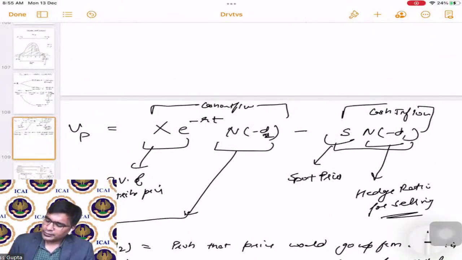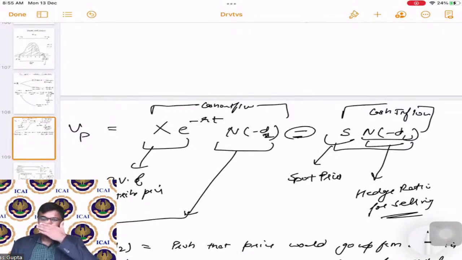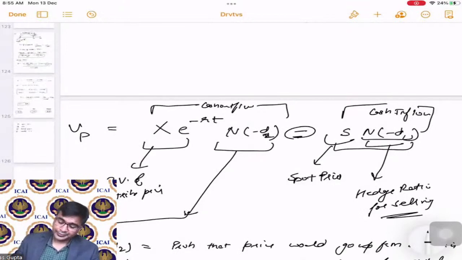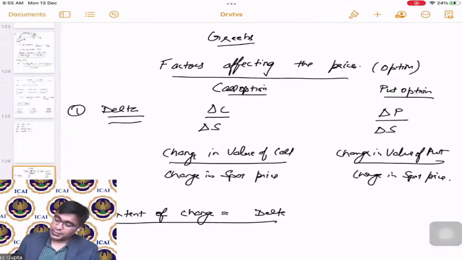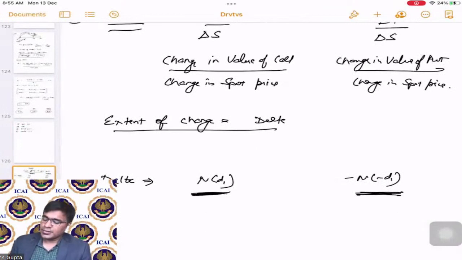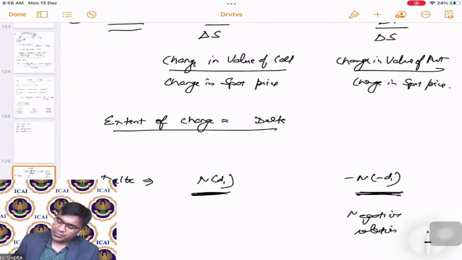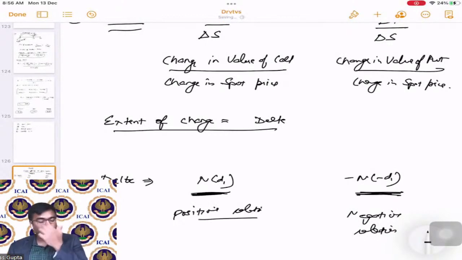See, N(minus d1), and this minus sign we are also taking there, because there is a reverse impact, correct? Hence, there is a negative sign. Students, please note there is another way to remember this: because there is a negative relation. Here, the call has a positive relation with the spot price. If the spot price goes up, the value of the call option will also go up.